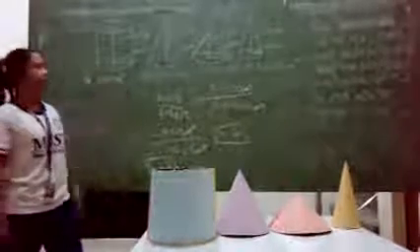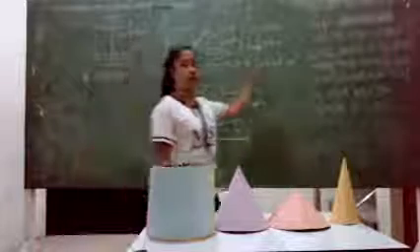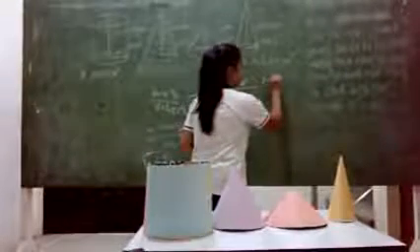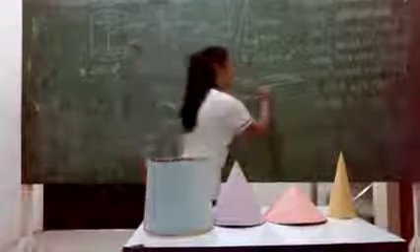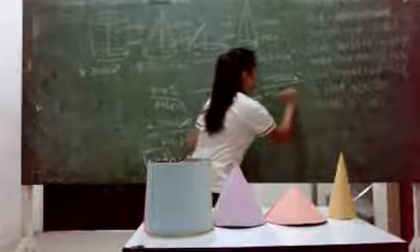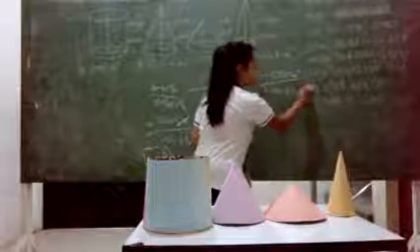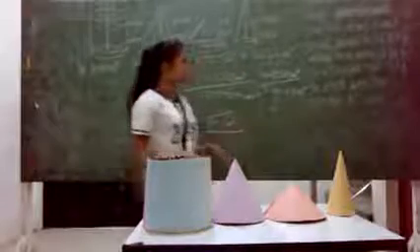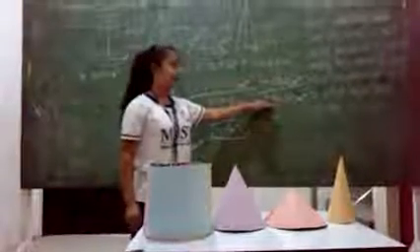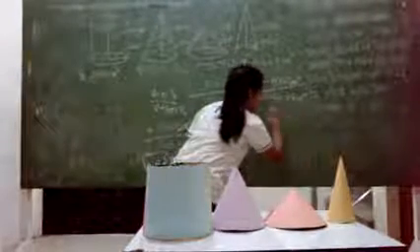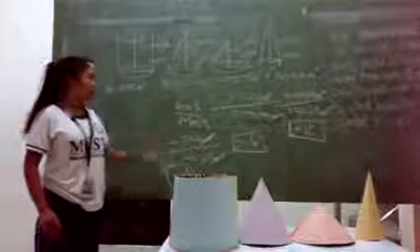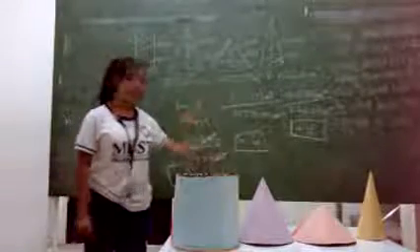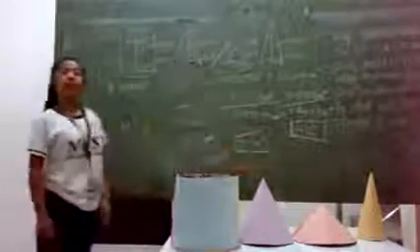Then we go to our last cone, same process: the volume of the cylinder, 2000 centimeter cube, over the volume of this cone, which is 166.67 centimeter cube. 2000 over 166.67 is equal to 12. Now we have proved that the first cone will be poured 3 times to fill the cylinder, this cone will be 6 times, and this cone will be 12 times, with their different volumes.